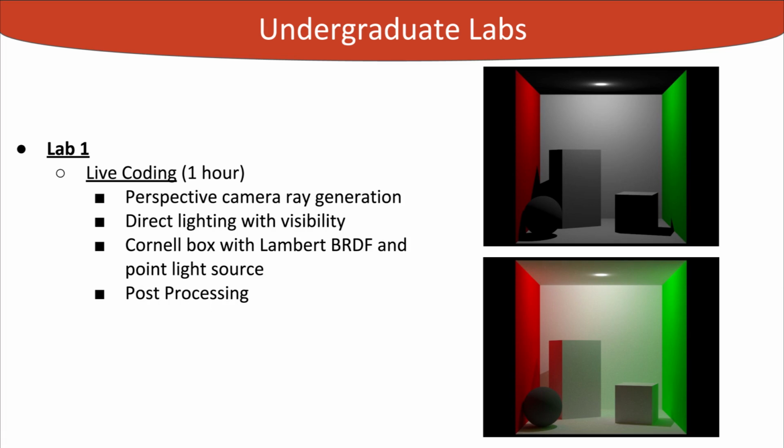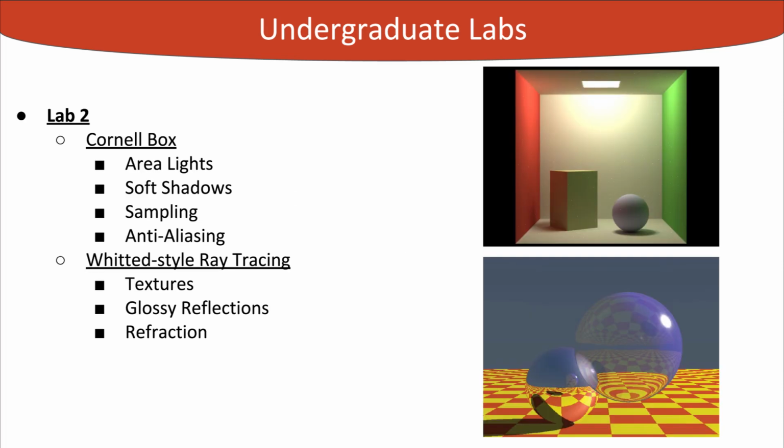We then introduce image synthesis using ray tracing. A perspective camera is set up. Direct lighting from point light sources with visibility queries is added. Then, a basic global illumination algorithm is implemented using the Lambert BRDF and next event estimation. Finally, post-processing is discussed. The second lab covers even more advanced topics.